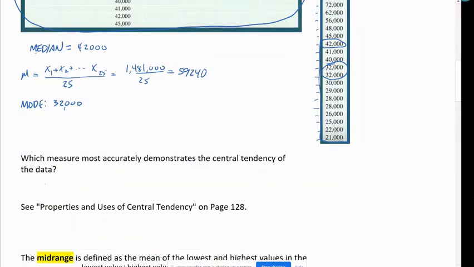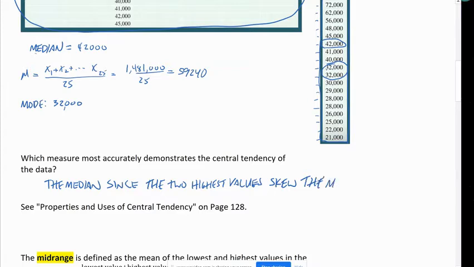So I'll write here: the median, since the 2 highest values skew the mean too much.